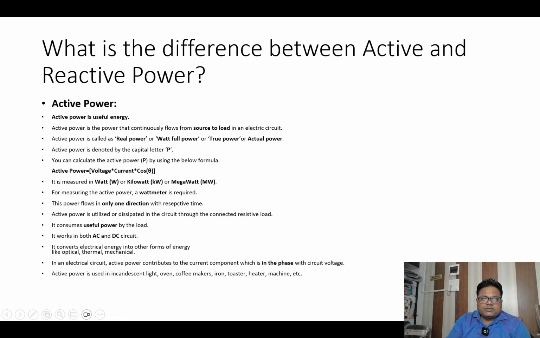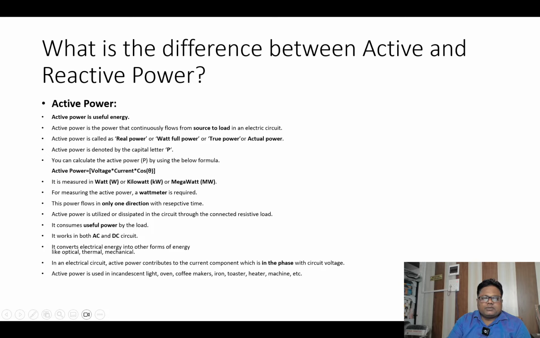Active power is denoted by the capital letter P. You can calculate the active power by using the following formula. Active power equals voltage into current into cos theta. It is measured in watt, kilowatt, megawatt. For measuring the active power, a wattmeter is required.